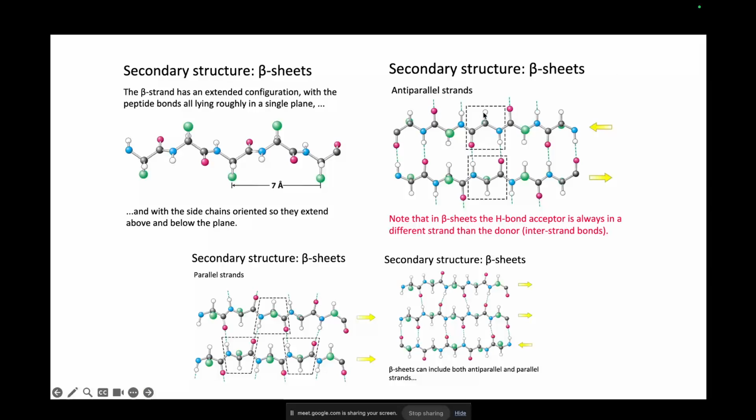This strand is going from this side to this side, and this one from this side to this side, and it forms these hydrogen bonds, these dotted lines, between the two strands of amino acids. Mostly it is anti-parallel, but it can also form parallel strands with hydrogen bonding, and this becomes a mesh-like structure, which gives stability to the protein.